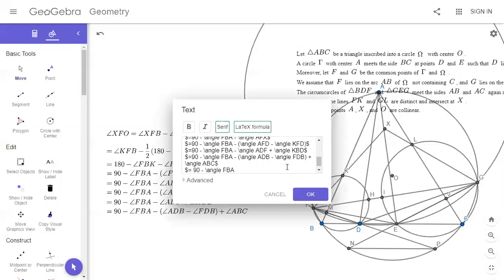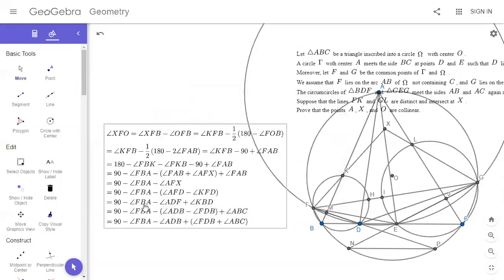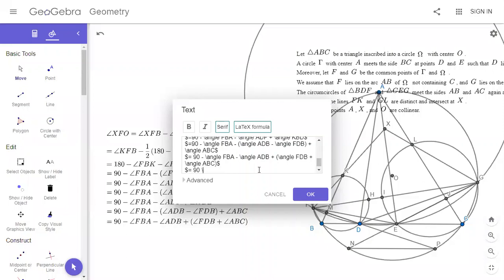Angle FBA, and then minus angle ADB plus... that's true.